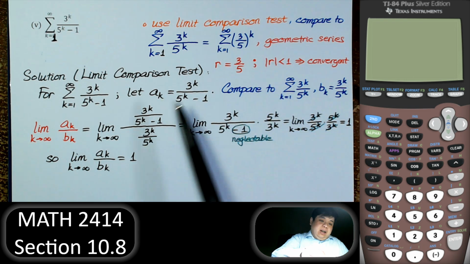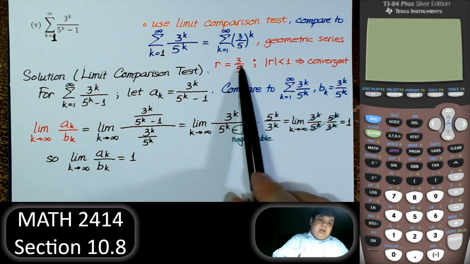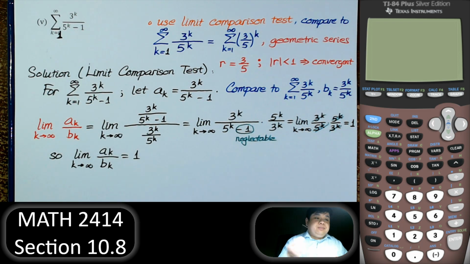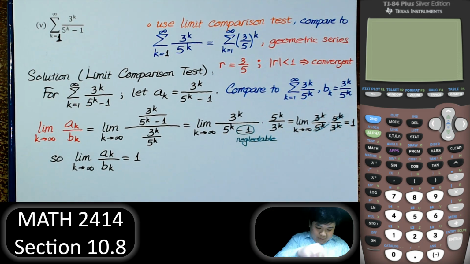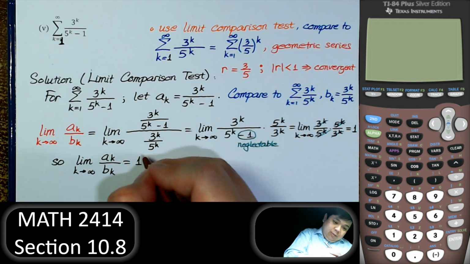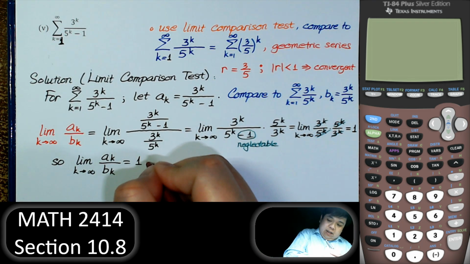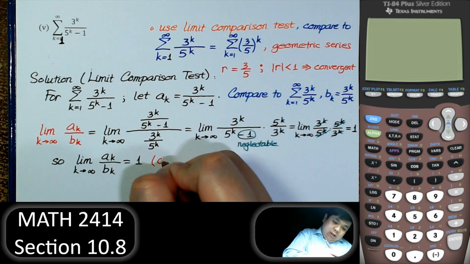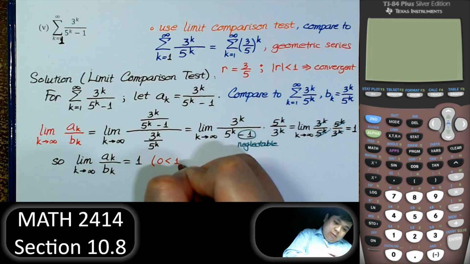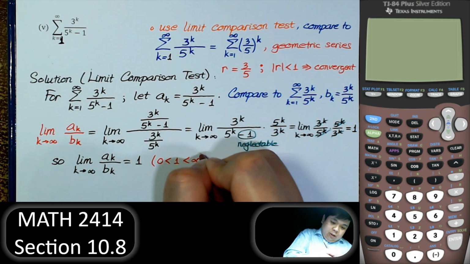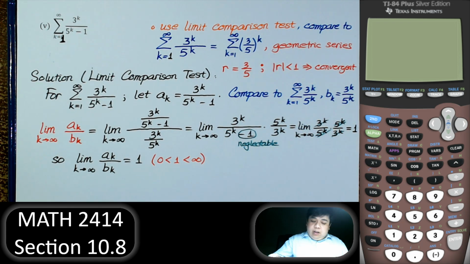And since b of k is convergent, so is a of k. So, right. So 1, which is between 0 and infinity.